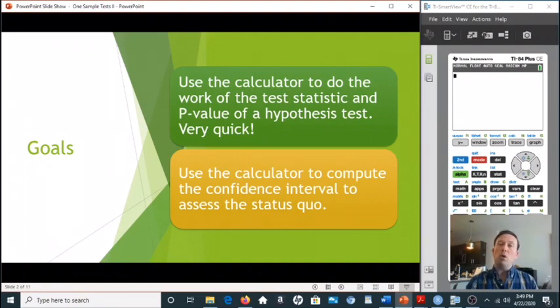Remember, the status quo is the null hypothesis value. We've calculated confidence intervals before, but we did those by hand. So again, the calculator will do the interval for you very quickly. And also, sometimes the formulas that we use for these things, they're a little messy, and you can make mistakes with those. So with the calculator, it should make everything so much easier and faster.